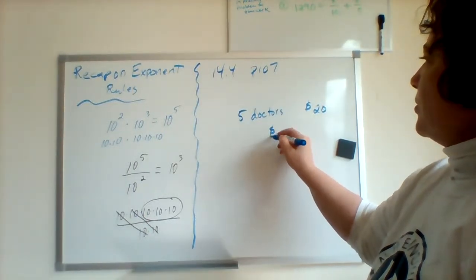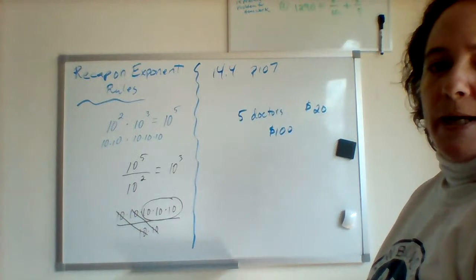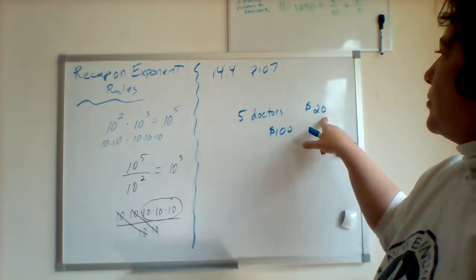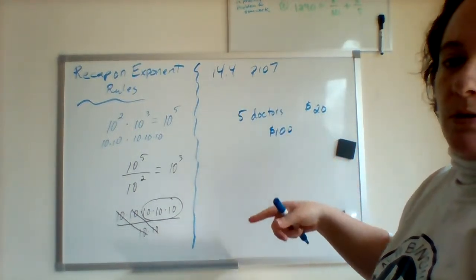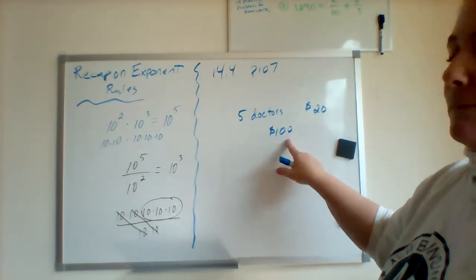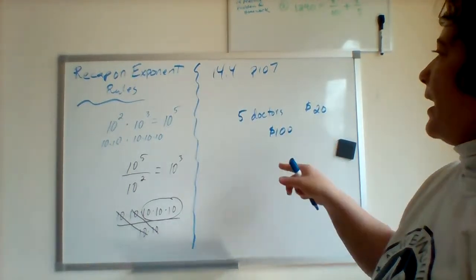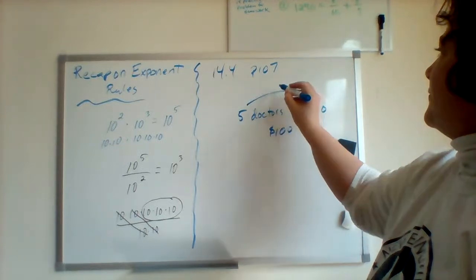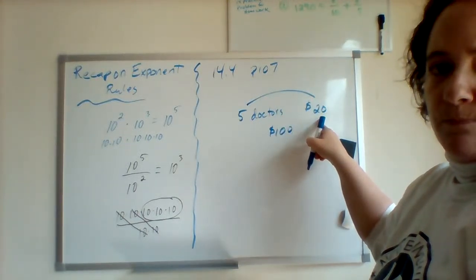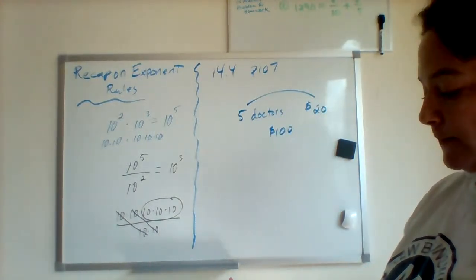Hopefully you tell me that their total, that's $100 combined, right? Because each doctor is only making 20, 40, oh, yes, 100, good job. Yep, 100. Now we're going to apply, what did you do? You just did 5 times 20, right? We're going to do the same thing here.